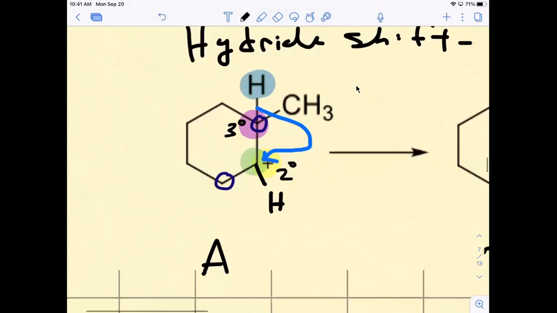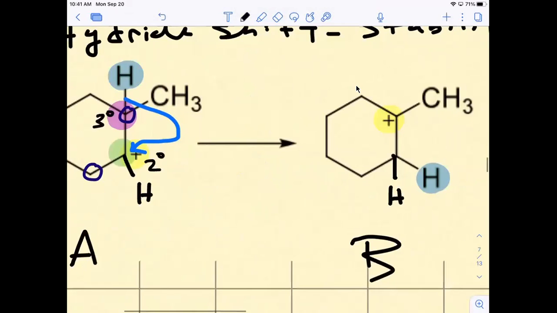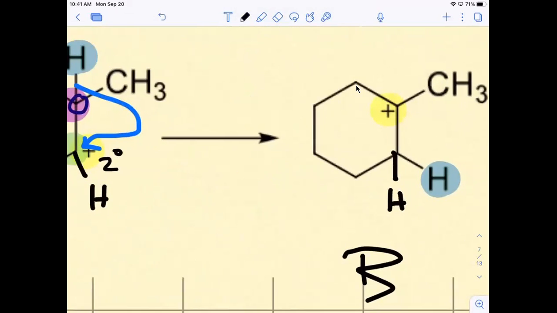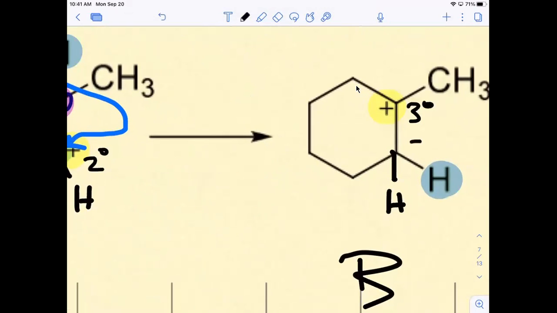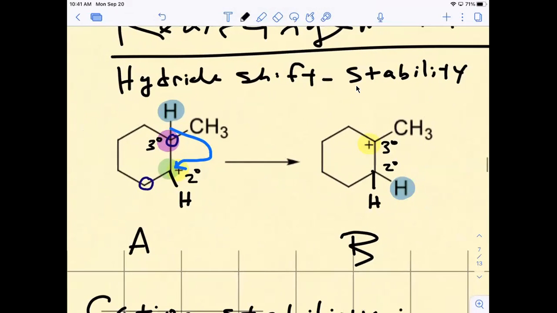All right. Now over here, that carbon up top is still tertiary. This carbon on the bottom, still secondary. What is the difference in those 2 cations? What's the bond order on that cation in A?